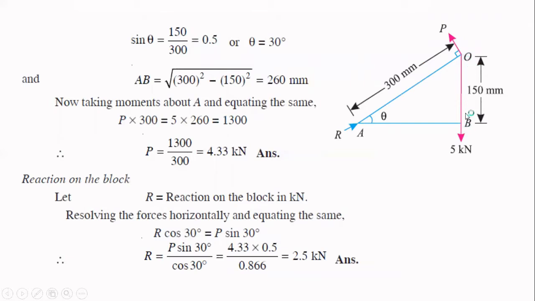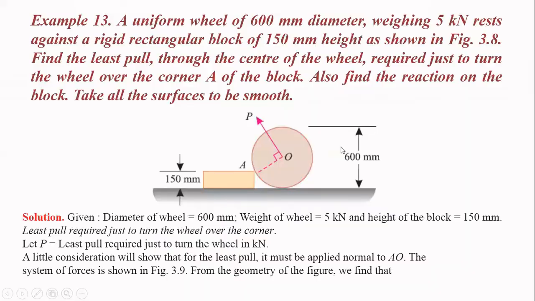Now, if you see here, the height of that particular block is 150 millimeter. Here the angle we don't know, but the diameter of the wheel is provided, 600 millimeter. It means that this distance A to O is nothing but the radius, and the radius of this wheel will be 300.